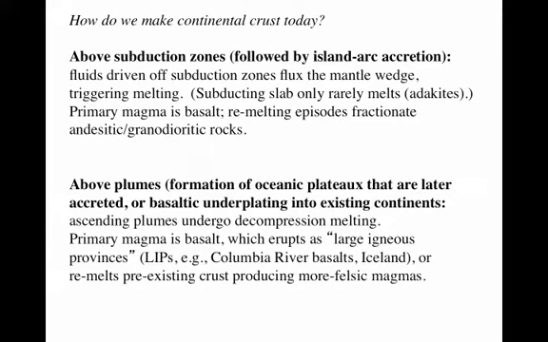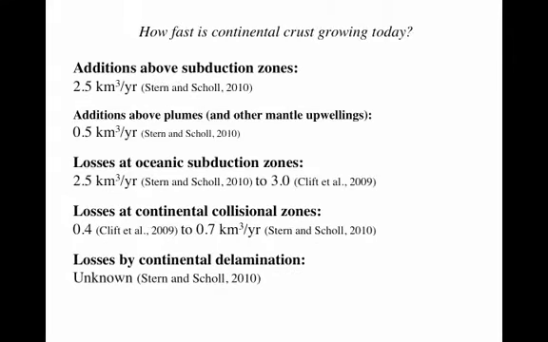Above plumes, so this might be in an oceanic plateau or underplating in the continents, a plume like a hotspot like Hawaii and the volcanism that you see there, like the mid-ocean ridges, you're seeing decompression melting. It's a different process. You also get basalt, but you're reducing the pressure on the underlying mantle and producing, again, a partial melt of the mantle and generating a basalt. So different processes, same result.